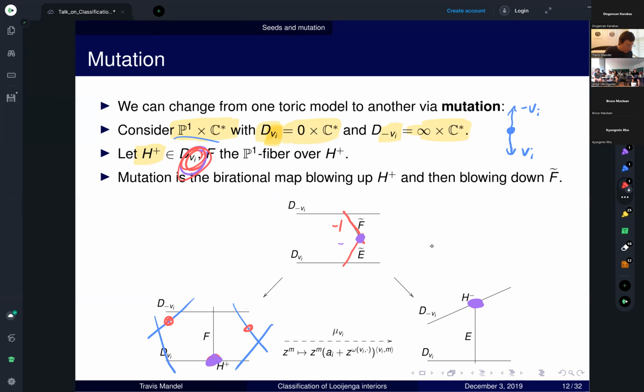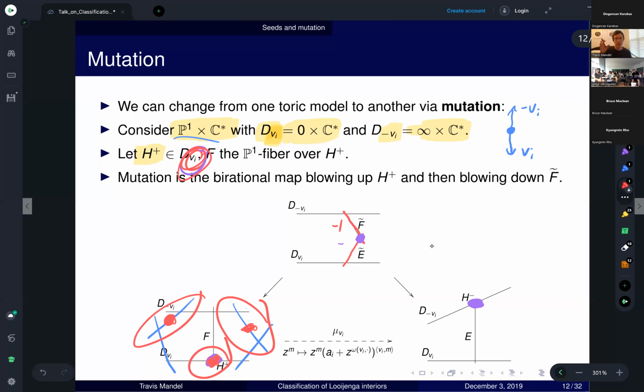So if we had maybe three non-toric blowups, you can mutate with respect to this one and do this blow up, blow down, or you can mutate with respect to another and do a different blow up, blow down. If I blow up this one and then do this blow down, you still want them to live on the same boundary divisors, but those boundary divisors will correspond to different points in N, in a way that I'll talk about in the next couple of slides. It does change your lattice structure a bit.